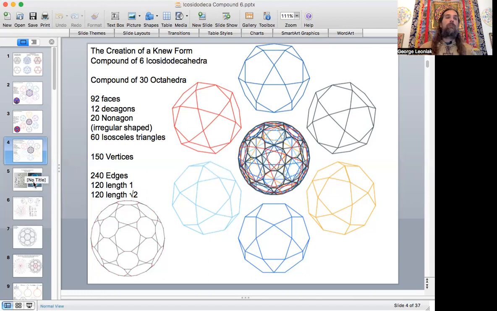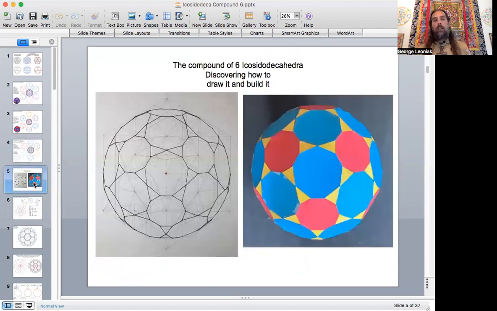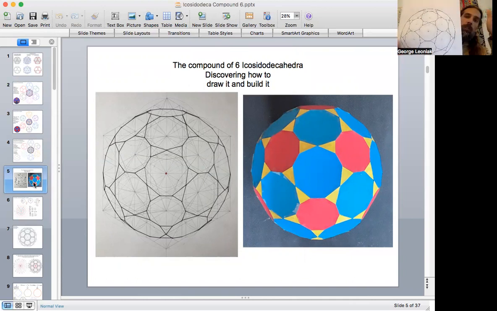Of course, I love to build and draw these forms. So I first constructed the model, which is this one here, and it's very neat to see it from a few different perspectives. I haven't discovered how to draw those yet. I think they're going to be quite complicated, but at least from the hexagon view, I did come up with the line drawing method within the golden circle seed of life to figure out all the lines that would be necessary to draw it.